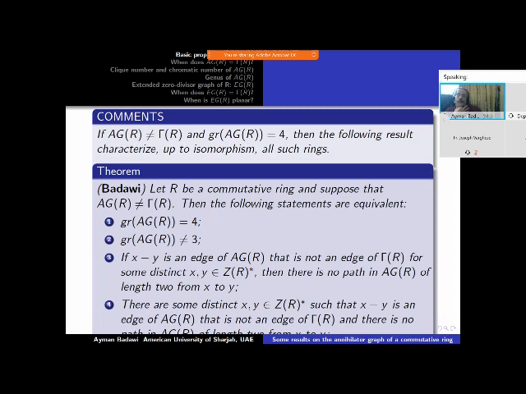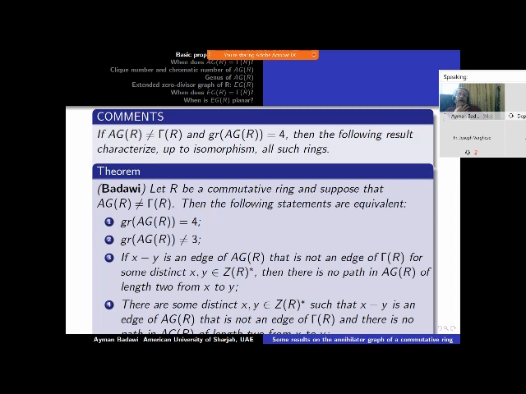Let R be a commutative ring and suppose the annihilator graph is not equal to the zero divisor graph. Then the following statements are equivalent. When you tell me the girth of the annihilator graph is 4, definitely 1 implies 2.